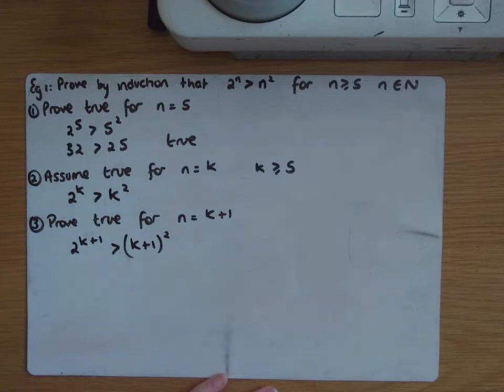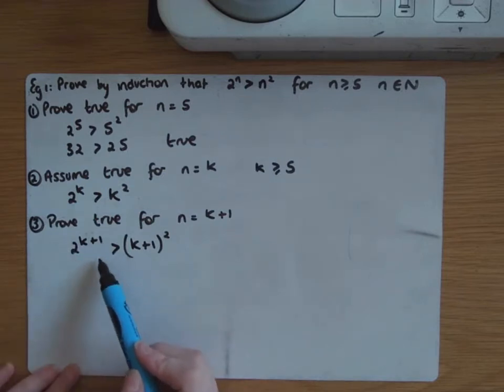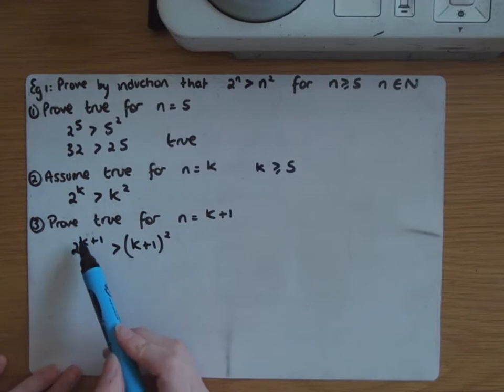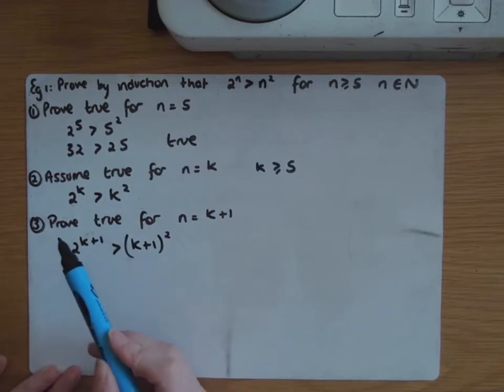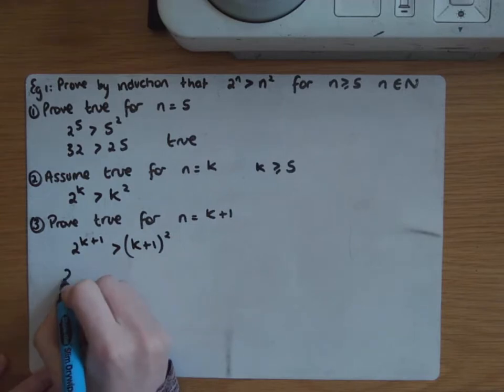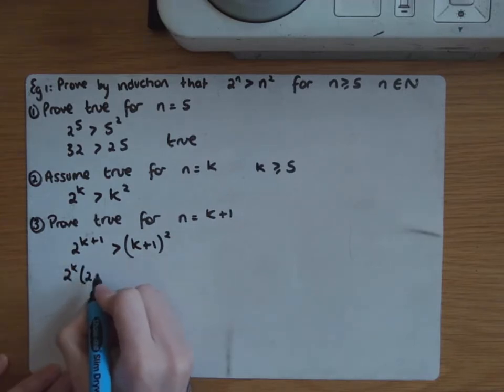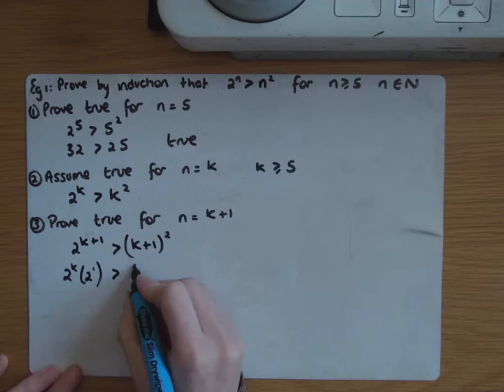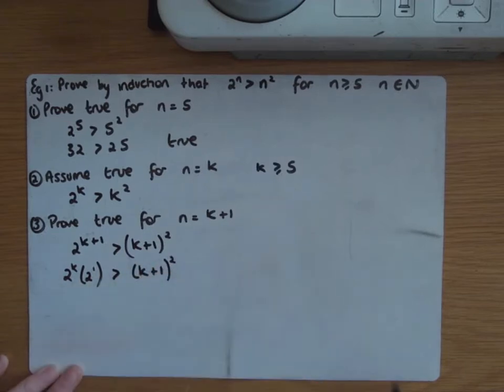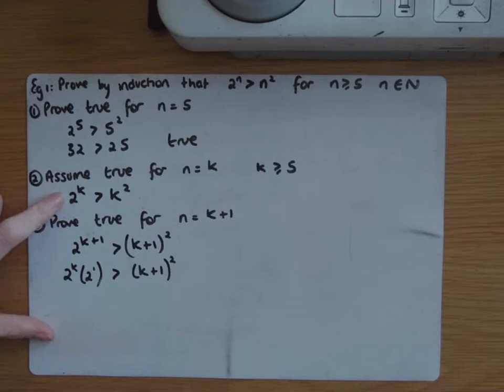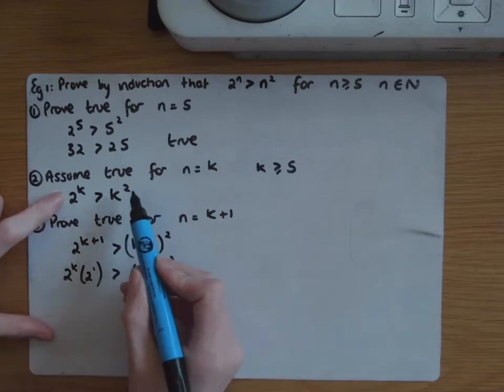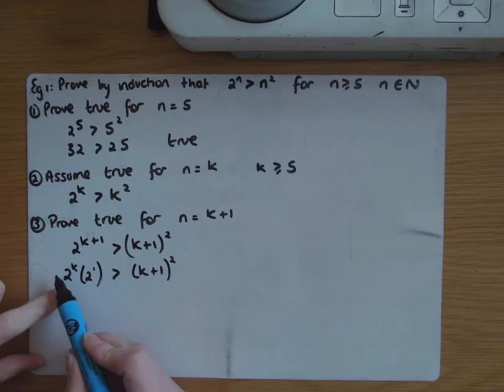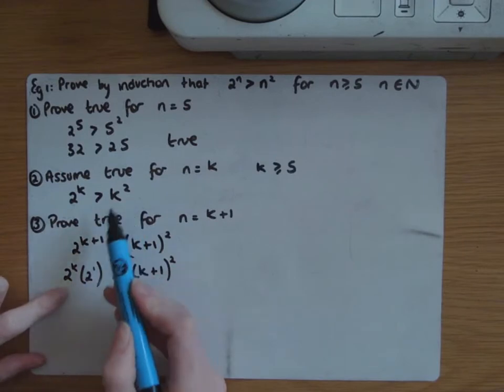Now, we're going to rewrite this, so 2 to the power of k plus 1 is 2 to the power of k by 2 to the power 1. Now, go back to your assumption. If 2 to the power of k is bigger than k squared, then instead of the 2 to the power of k here, I can replace that with k squared.